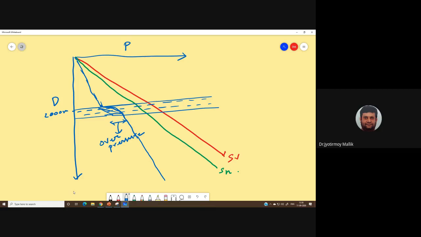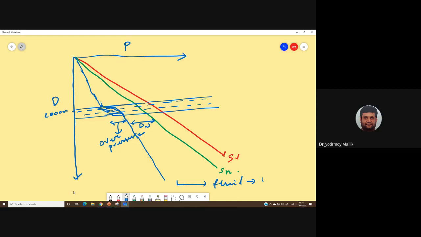Now, if I have an overpressure, what I can see is that my drilling window is reduced, right? So I have less pressure to play with while I design my mud density, right?